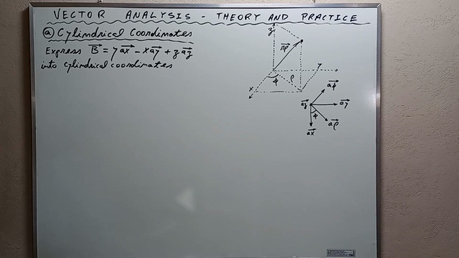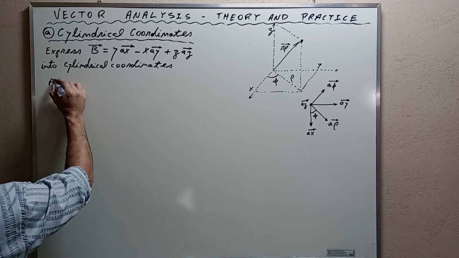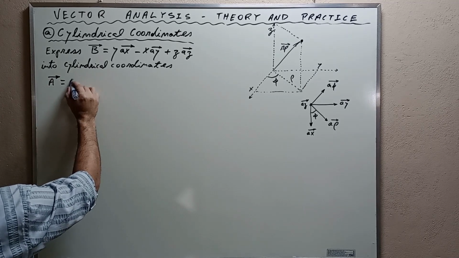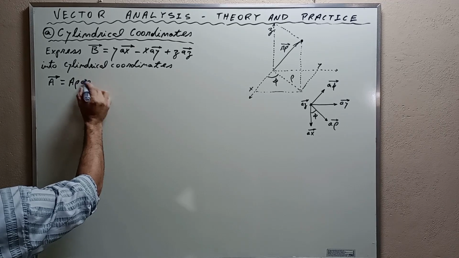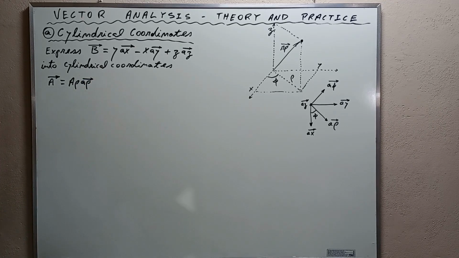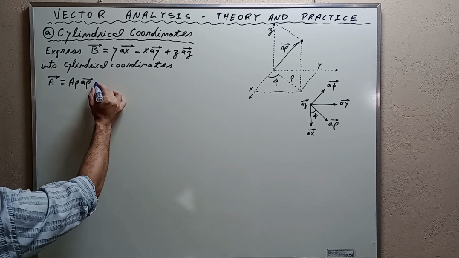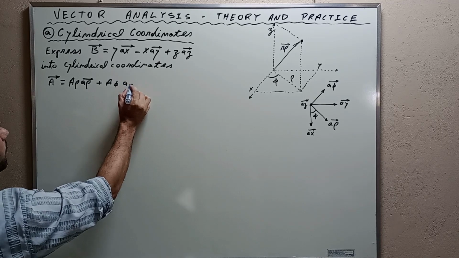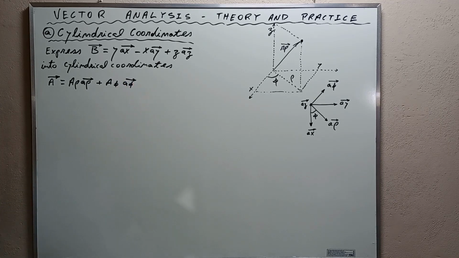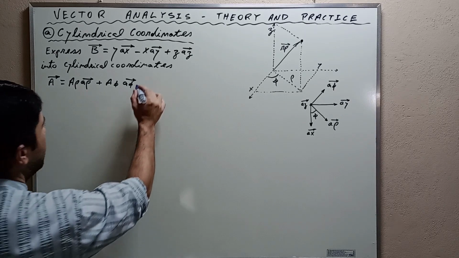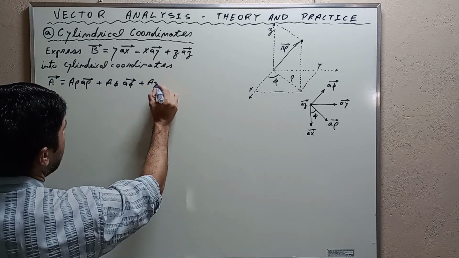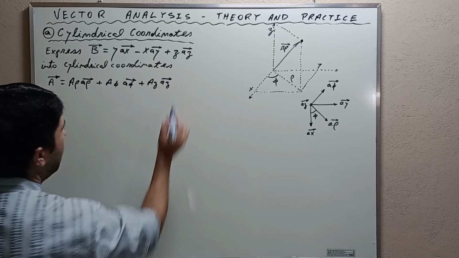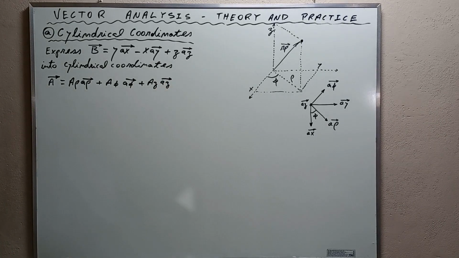Any vector can be expressed in cylindrical coordinates as a is equal to a rho in the rho direction plus a phi in the a phi direction plus a z in the az direction.